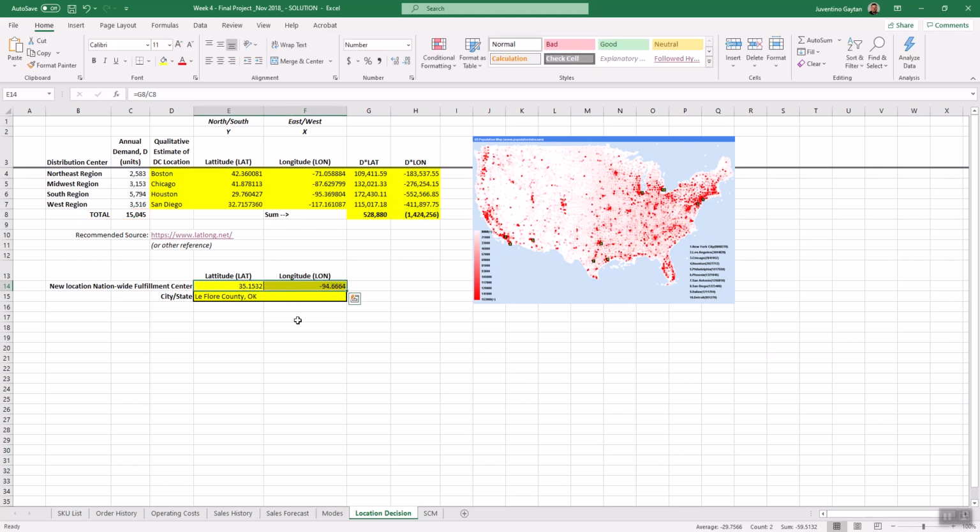And so then you take that latitude and longitude and you plop it into your latlong.net website or whatever other website you would like to use, and you would figure out where it would be at. In this case, it's LeFlore County, Oklahoma. And so then, using that new distribution center or fulfillment center, you're going to go ahead and incorporate that into your analysis and your write-up.